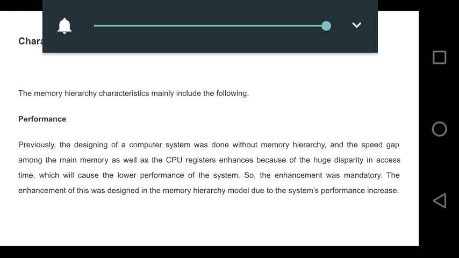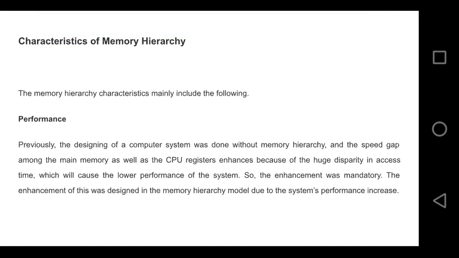Previously the design of a computer system was done without memory hierarchy, and the speed gap between the main memory and CPU registers increased because of the huge disparity in access time, which caused low performance of the system.